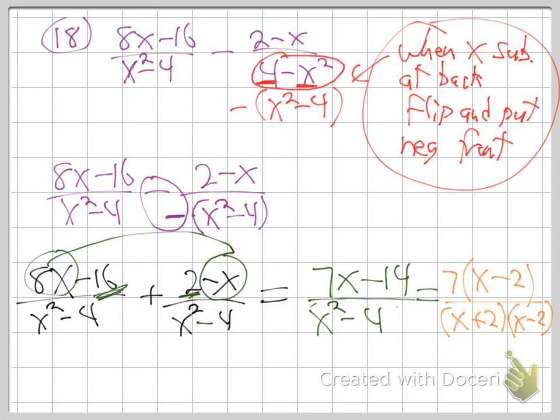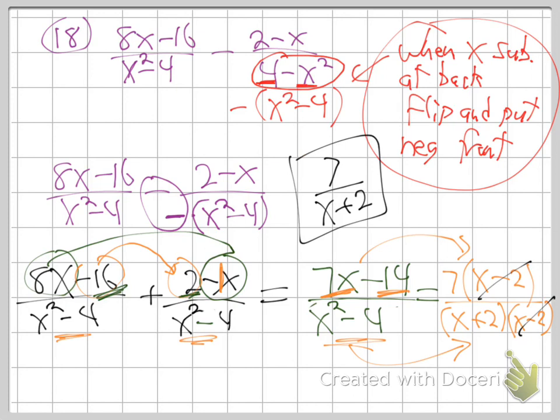Everybody see what I did there? 8x minus 1x made 7x, and minus 16 plus 2 made minus 14. Common denominators right there. Then we factor that denominator, and what can we do? Cancel these out. So the final answer is 7 over x plus 2, isn't it? That's one of my favorite parts.